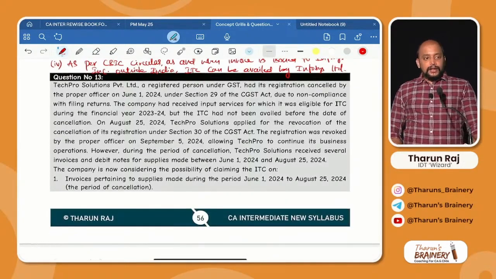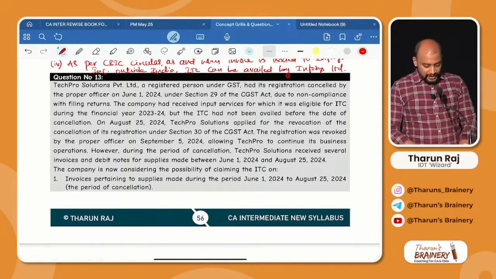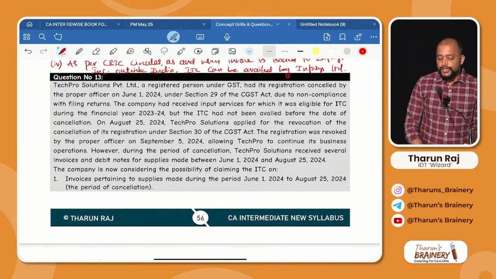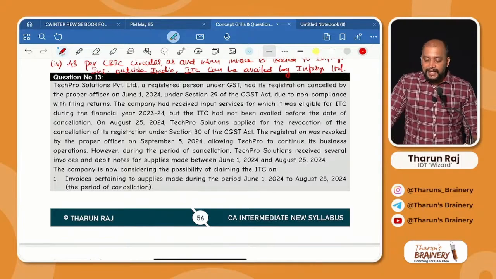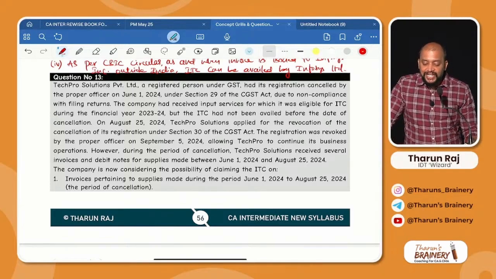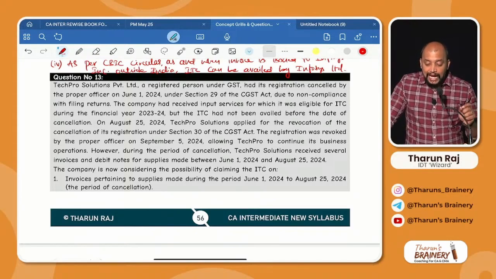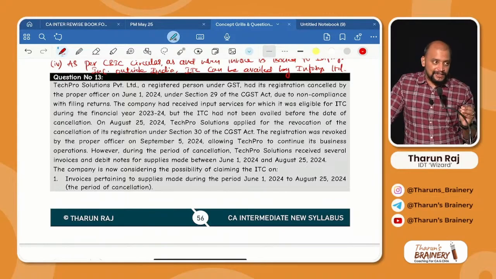Next, question number 13. TechPro Solutions Private Limited, a registered person under GST, had its registration cancelled by the proper officer on June 1 under section 29 due to non-compliance with filing returns. Okay, you may get a question similar to these lines.